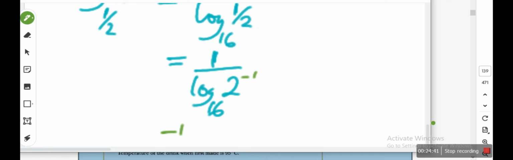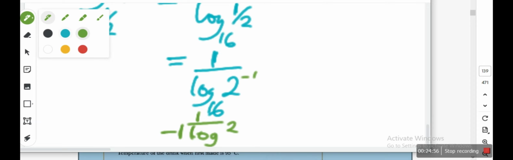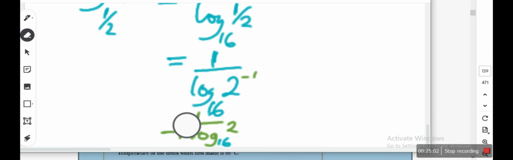That will give us minus 1 over log 2 in base 16. Am I right? Yes. Okay, so finally, apply that same rule I just gave you.